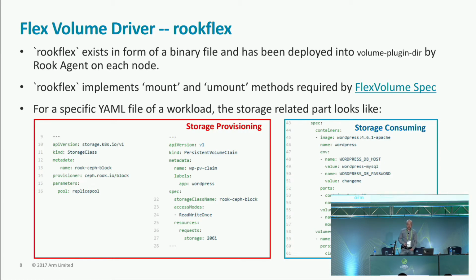For the storage provisioning part, we use the PVC, the persistent volume claim, and it will point to the storage class. And the storage consuming is for the specific workloads.